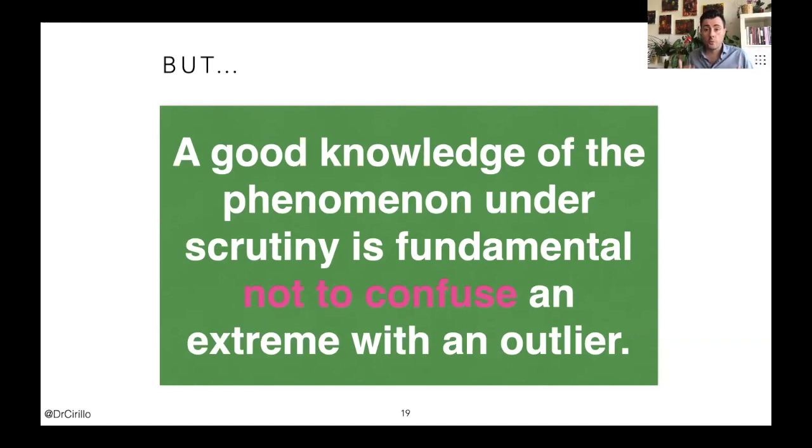Otherwise, you can really make a lot of errors. For example, considering an extreme an outlier and removing the extreme from your dataset is a quite important error, not only in risk management, but in general.